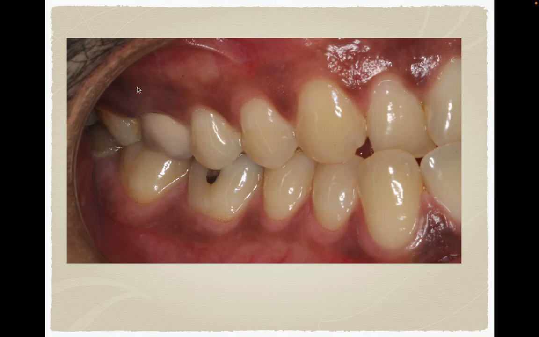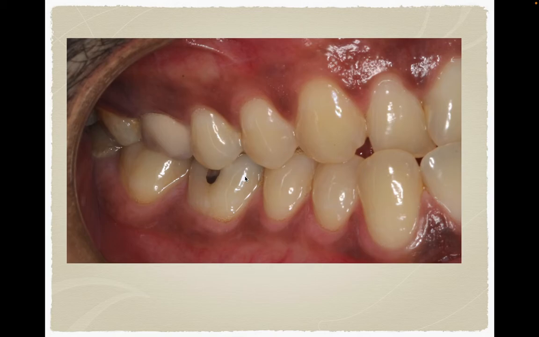That can be done by an extraction here and allowing this tooth to move forward, or by extraction in the lower arch only. When you do extraction in the lower arch, we have to finish in a class 3 full unit, and then you track the canine into class 1, and this will be a maximum anchorage case.